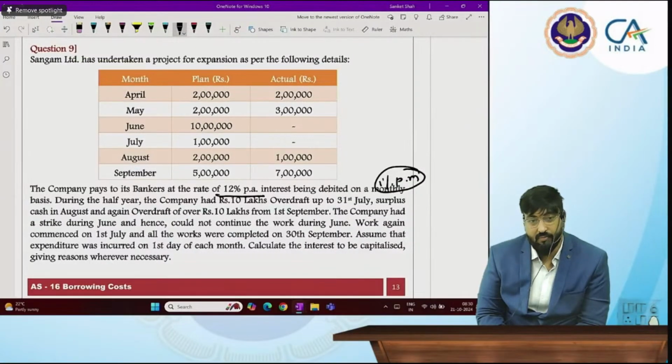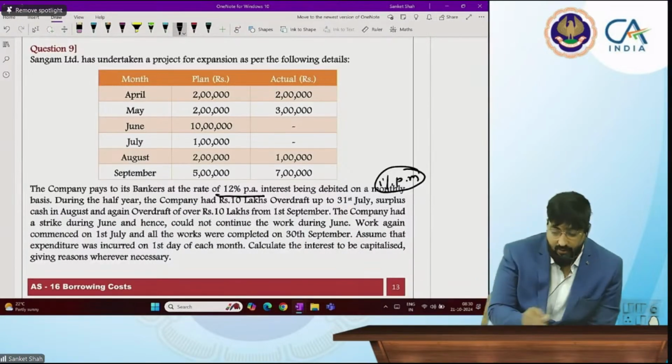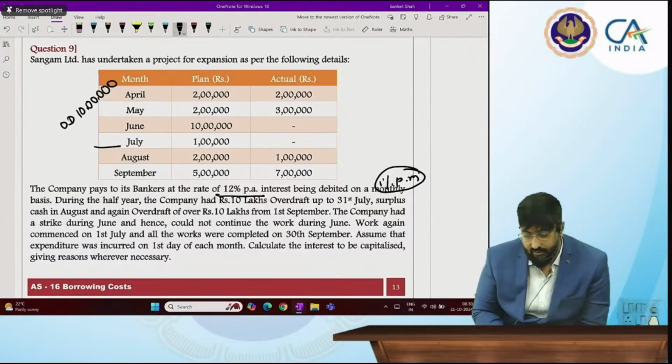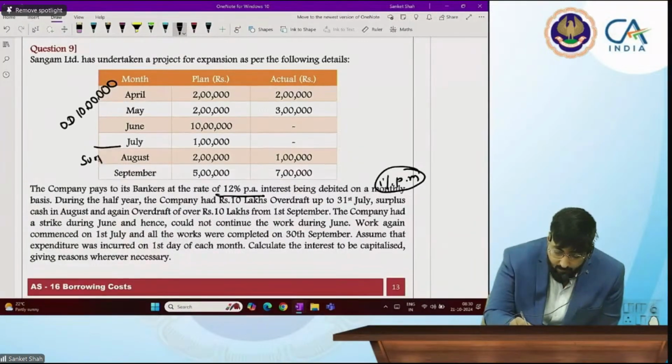During the half year, the company had rupees 10 lakhs overdraft up to 31st July. Surplus cash in August and again overdraft of rupees 10 lakhs from 1st September.